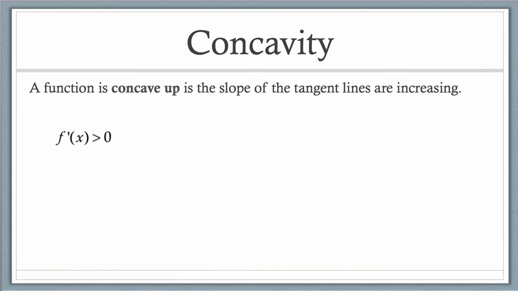That means that the first derivative is going to be greater than 0 if the slopes of those tangent lines are increasing. Well, in order to determine the intervals where this first derivative is positive, we need to take the derivative of that first derivative, which is the second derivative.